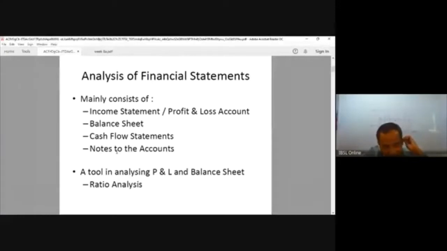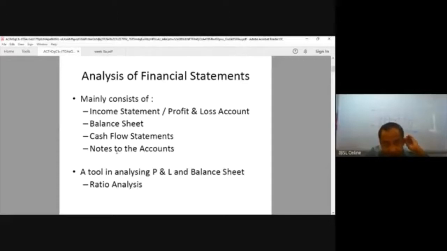Then the balance sheet is normally called a position statement. It's a position, not for a period. We don't say balance sheet for the year ended 31st March 2021. We will say balance sheet as at 31st March 2021.